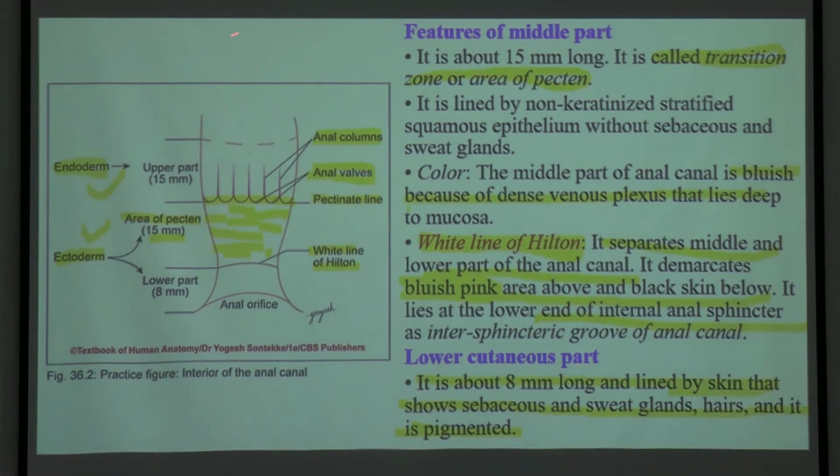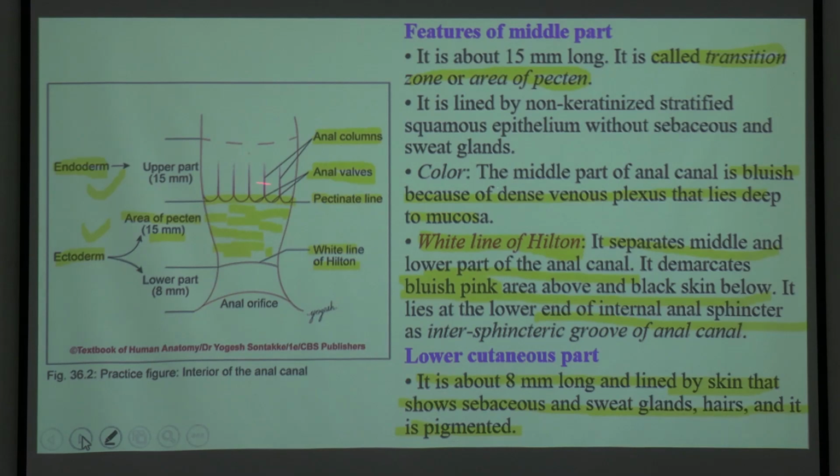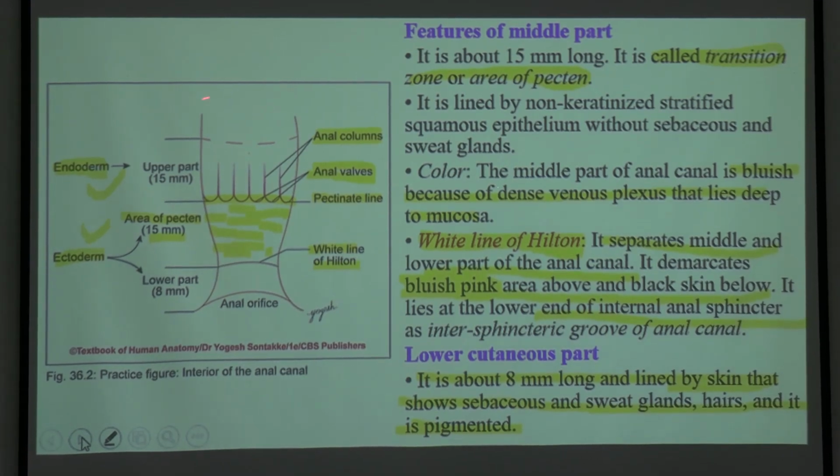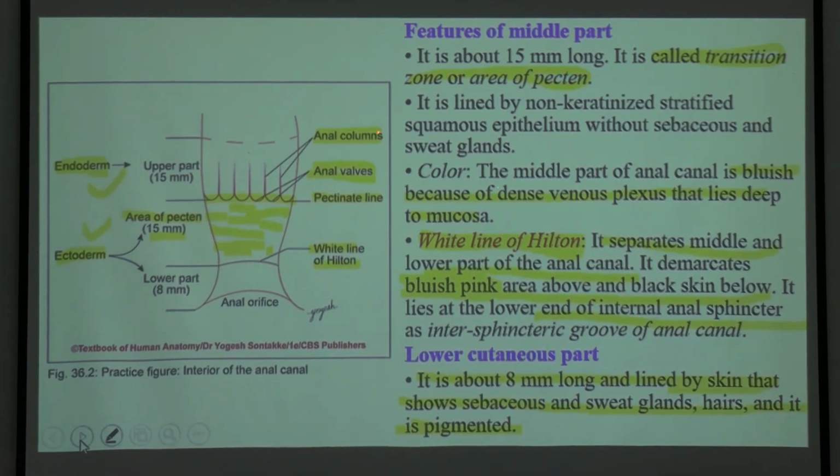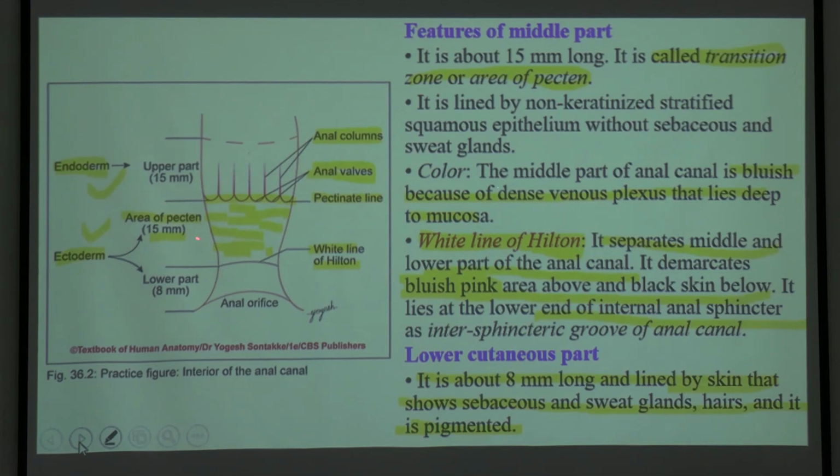Arterial supply from here is by the superior rectal artery, and from this area the inferior rectal artery and middle rectal artery.